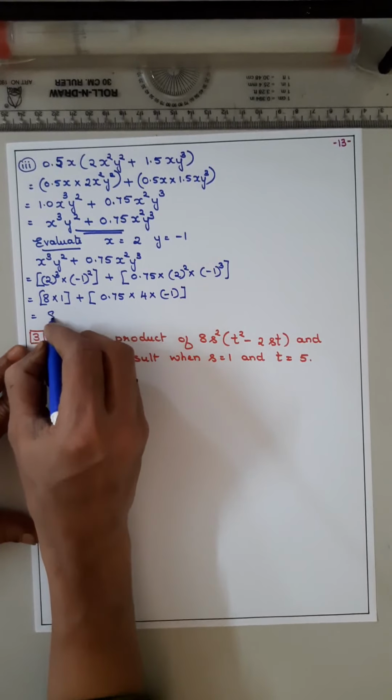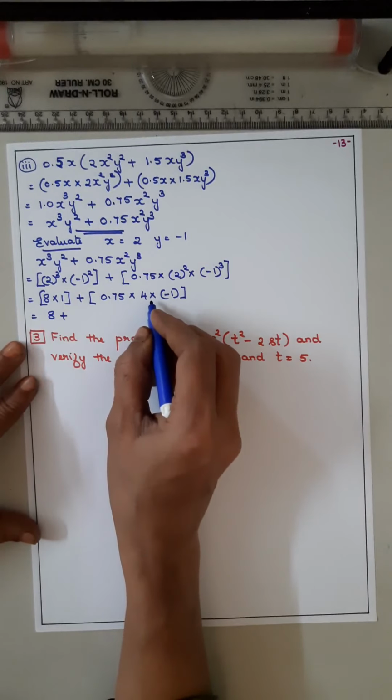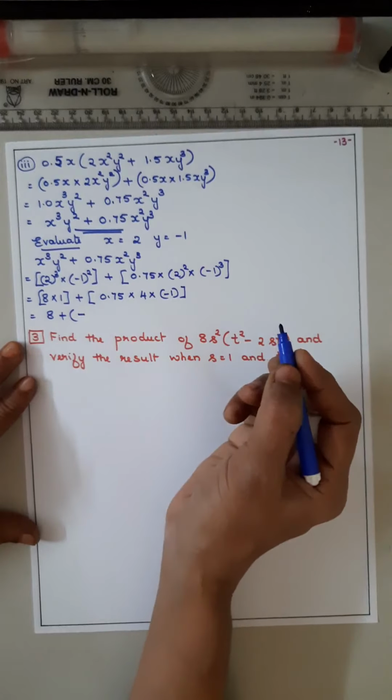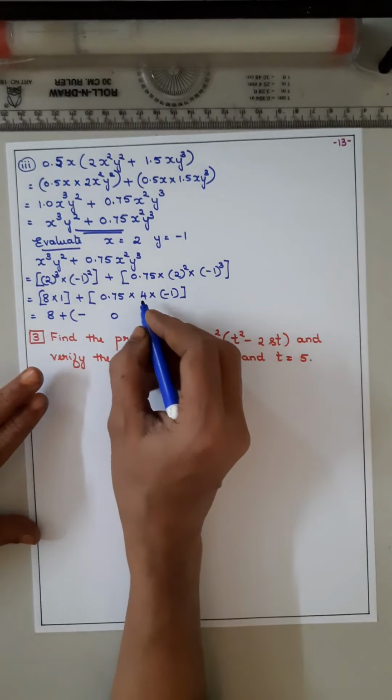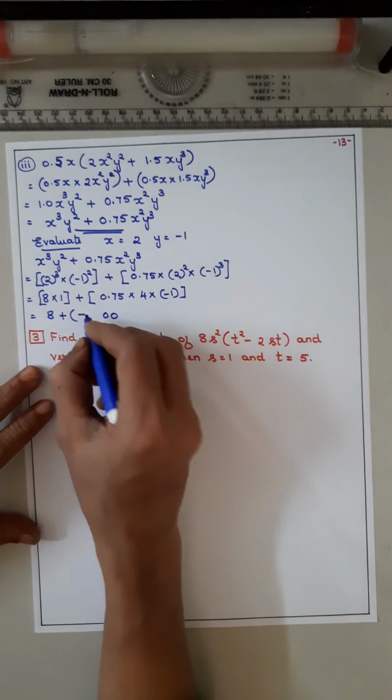Now it is 8 1s are 8 plus, now here the answer will be minus 4 5s are 20, 2 in hand, 4 7s are 28 plus 2 30.